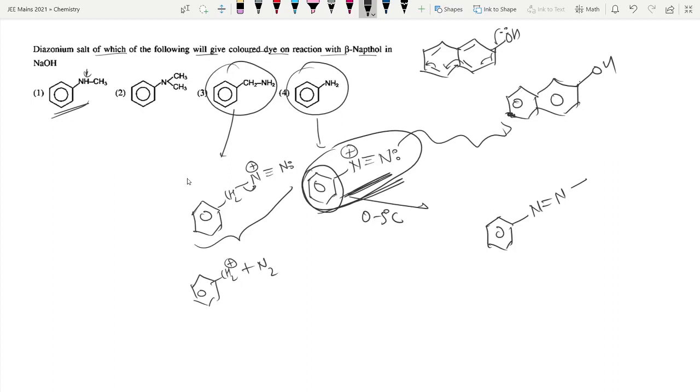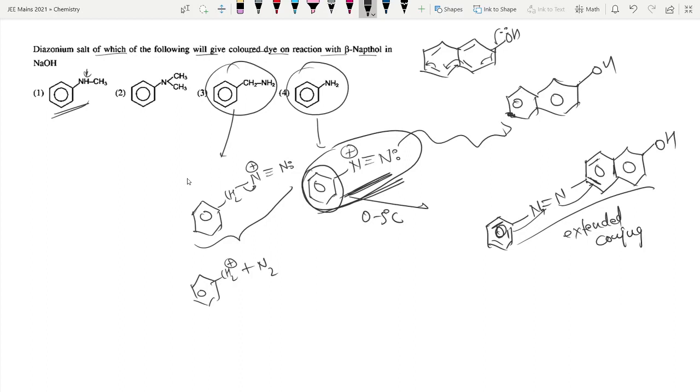At this position you can join it, because steric hindrance is lesser here, and you get this. You see, because of this extended conjugation, from here you have double bonds, and then an alternate double bond here, then another alternate double bond somewhere here. So you see extended conjugation, and that's why this molecule will be a dye.